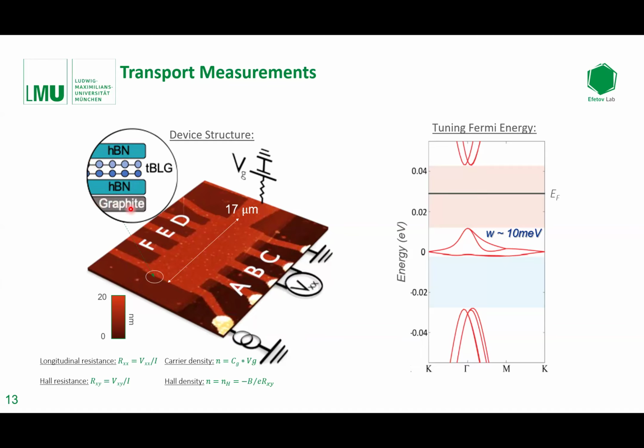We can add, for example, graphite layers underneath it, which also help screen disorder, but they can also be used as metal layers on which we can apply a voltage and capacitively charge electrons into the TBG, so we can use it as a gate electrode. And of course, we can also shape the devices in any type of configuration that we like. In particular, this gated geometry allows us to completely empty and completely fill the flat bands and measure entire phase diagrams as a function of the Fermi energy in the system.